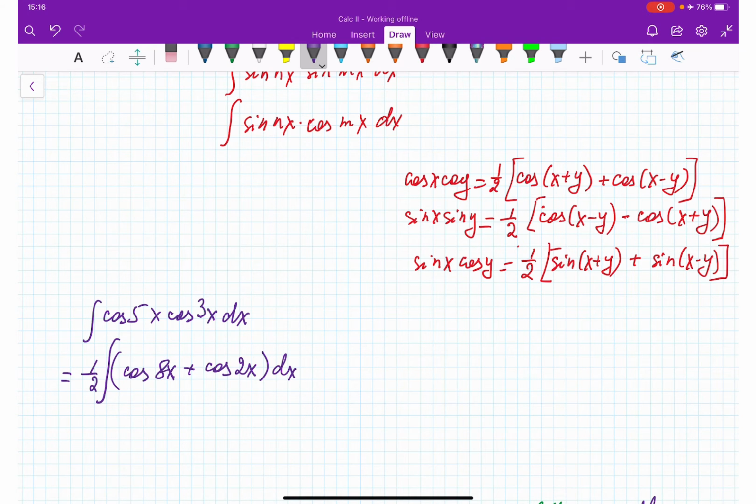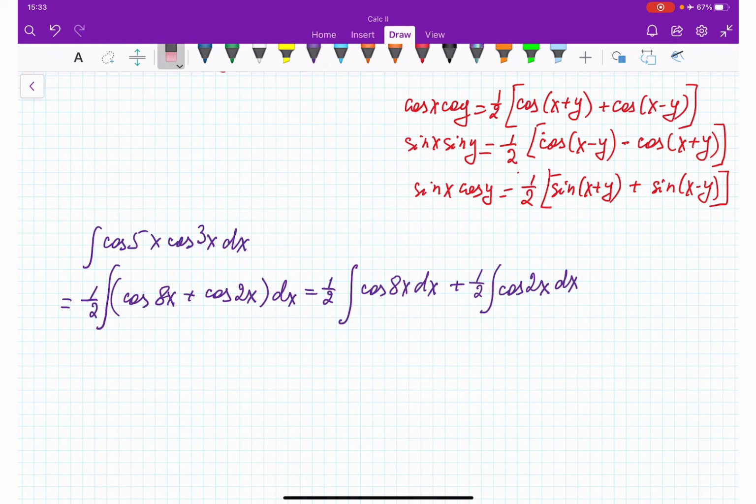And this is equal to 1/2 integral cosine 8x dx plus 1/2 integral cosine 2x dx. So the fact that we have cosine 8x and cosine 2x tells us that we have to do substitution.